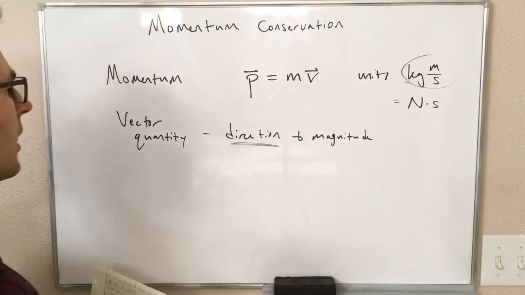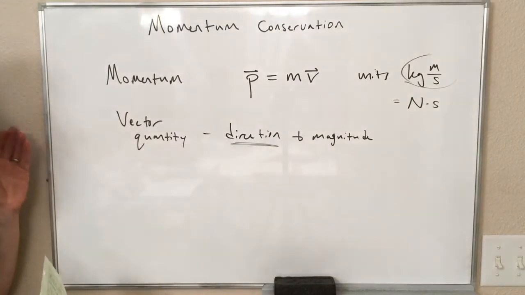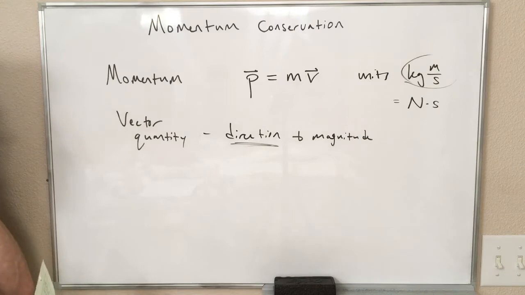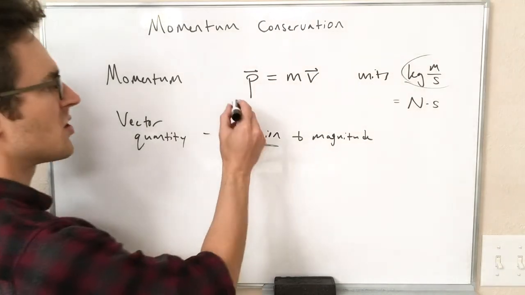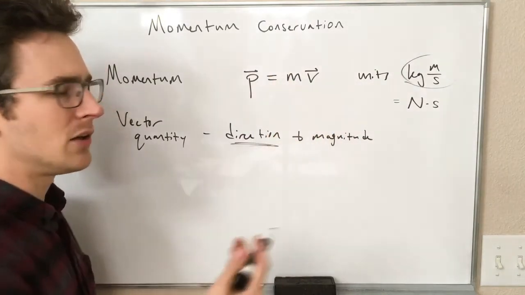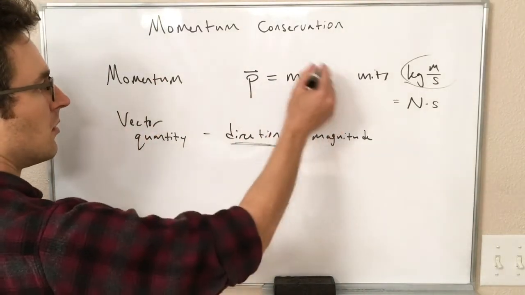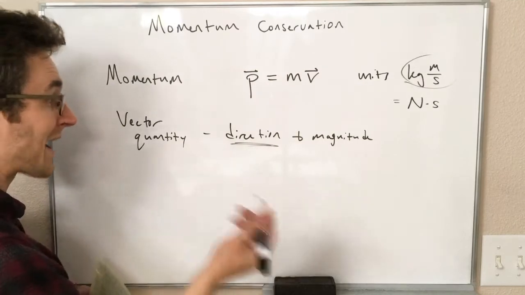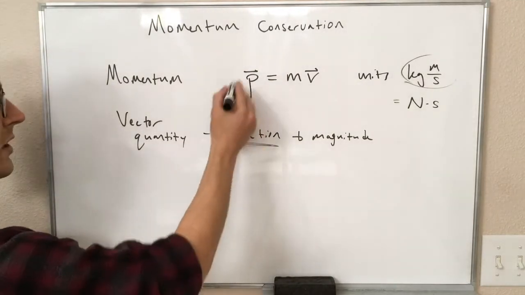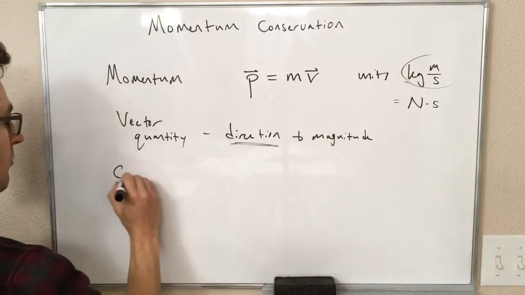All right. Now, our momentum, because it's this vector quantity, this equation has to be true in any direction, as we've seen with other vector equations. So what that means is this equation has to be true in the x direction. So in other words, we can talk about the components of momentum.